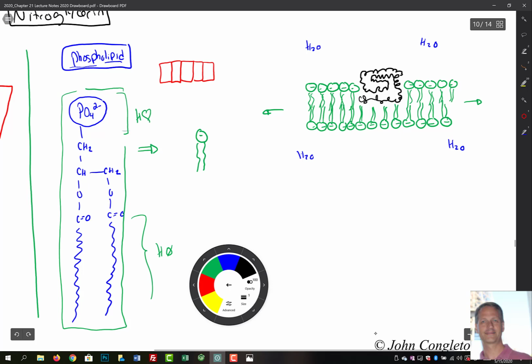Okay. Now, proteins are made of amino acids, so let's make a little note down here. Proteins are made of amino acids, and there are various amino acids. Some are nonpolar, and some are polar, some are neutral, some are acidic, some are basic. Now, what keeps that protein embedded in the membrane is intermolecular forces.